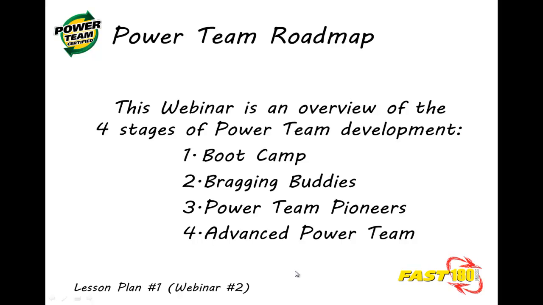And some power teams have unique and charismatic special individuals that come up with some good ideas, and the power team begins to learn more about each other's business and start to pass referrals.